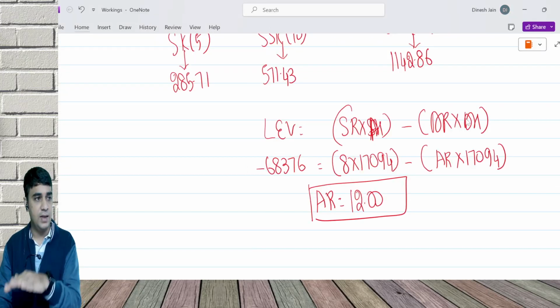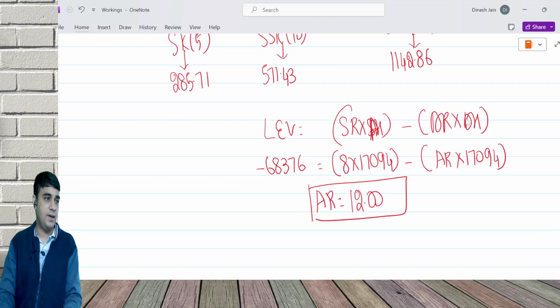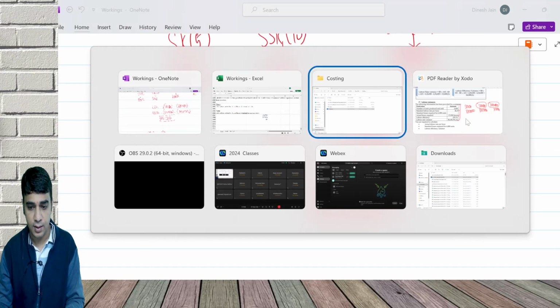You move 68,376 to the other side, you will get 205,128. Divide by 17,094 is 12. Any doubts on this?